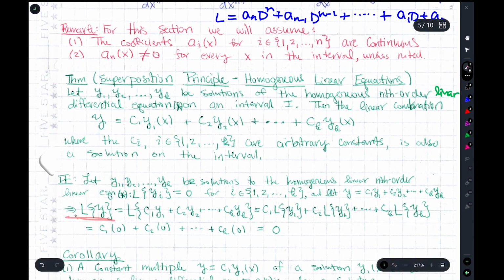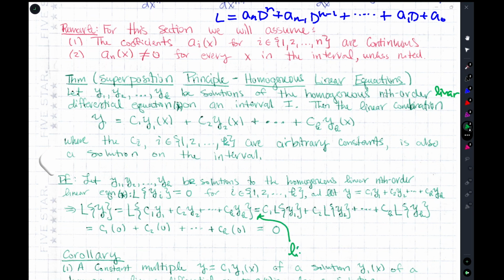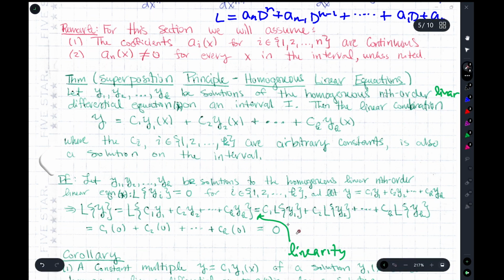Well then, L acting on y is L acting on this sum. And then, crucially, linearity comes in here, okay? Because the operator is linear, what you could do is, quote, distribute this L on each term in the sum, and also pull out the constant.